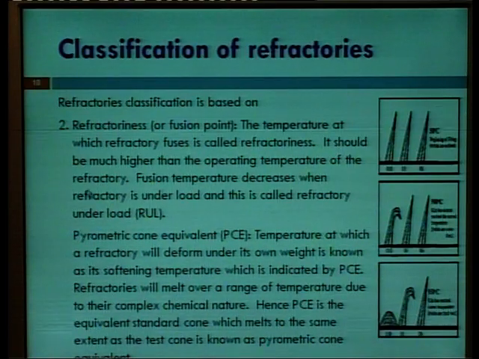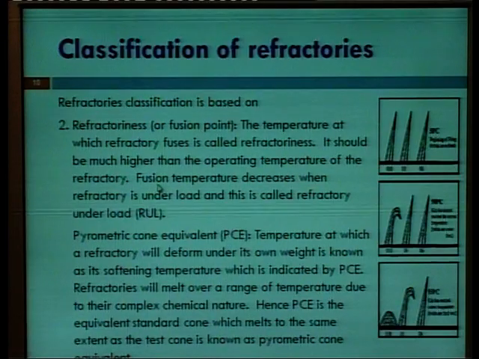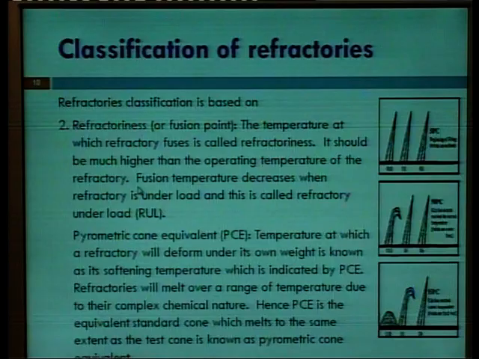Fusion temperature decreases when a refractory is under load, and this is called refractoriness under load, RUL. When we subject the refractory to heating and apply a load on it, the fusion temperature decreases.